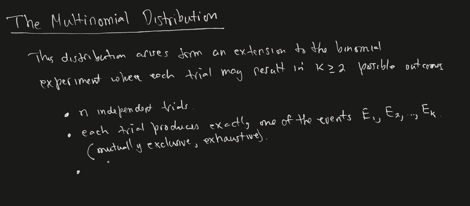And now here's the probability part. Each of these events will have its own probability of occurring.